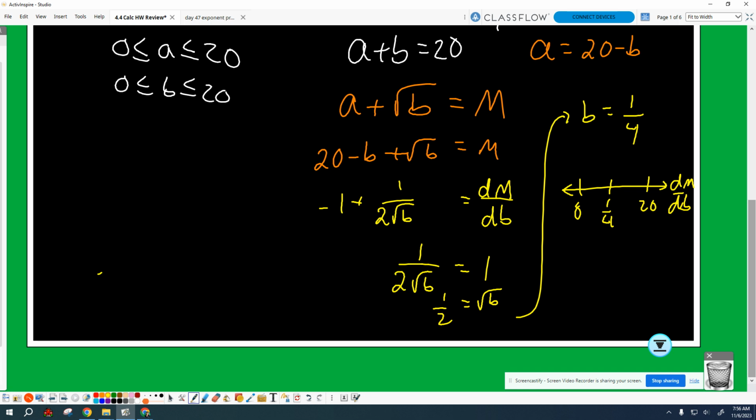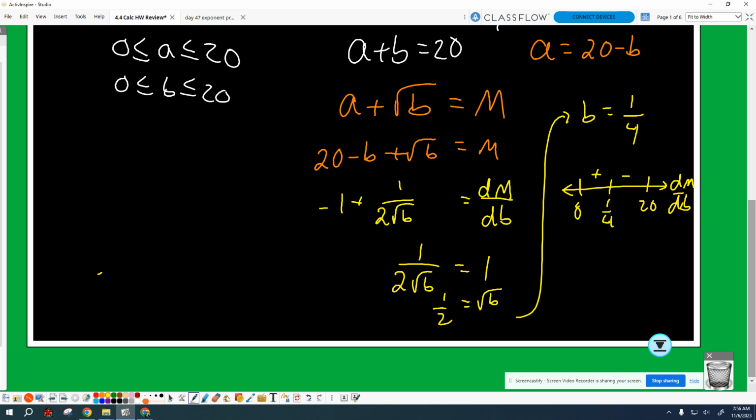How about 1/16? Square root of 1/16 is 1/4. 1/4 times 2 is a half, but 1 divided by half is 2. -1 plus 2, it's going to be positive. I'm picking like 16. -1 plus 1/8, that's negative.